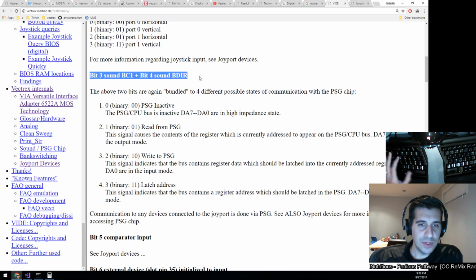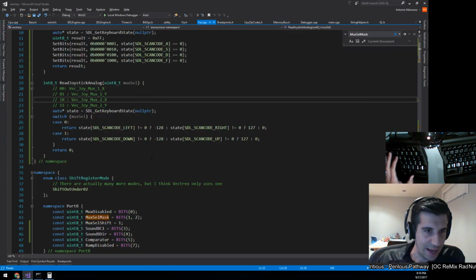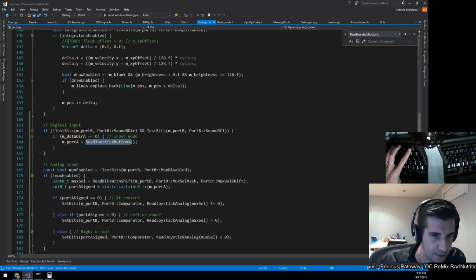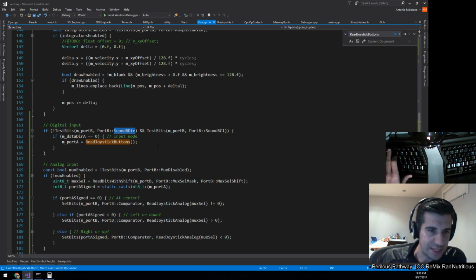Yes. So this is also something that I kind of deduced last time, which was how, if I come back to here, for digital input, I had noticed that the code sets the sound B direction and sound BC1 bits in port B to certain values.